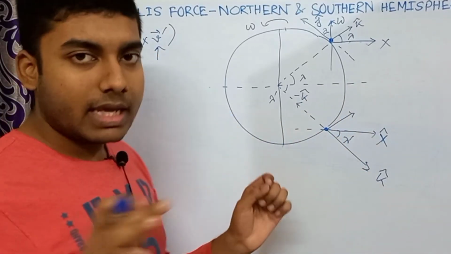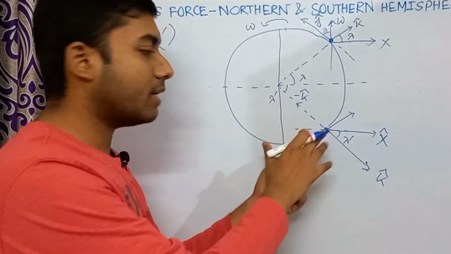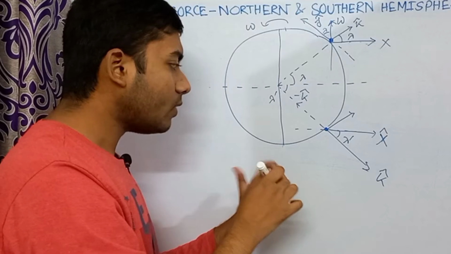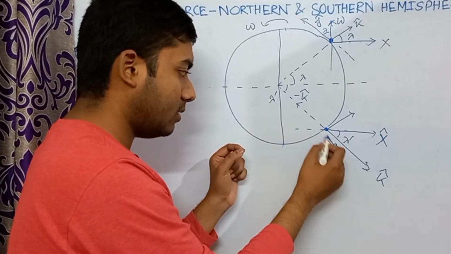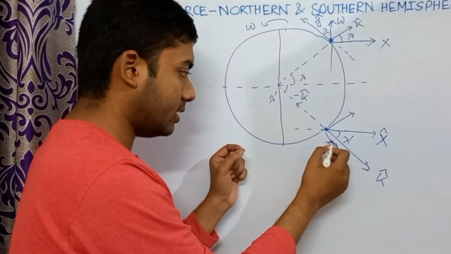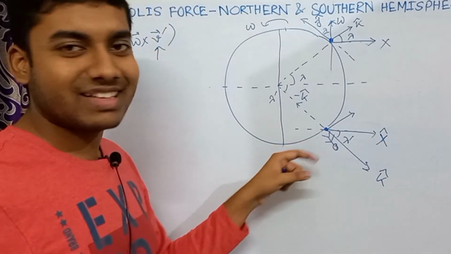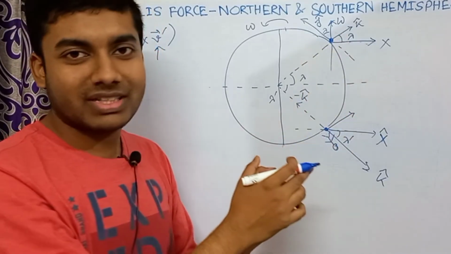Now you can easily imagine that if a person is in southern hemisphere, then what happens to this person? If here is a person, then for this person, what will be the north side?